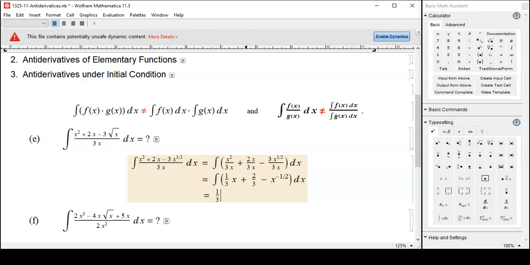1/3 was there before. Add 1 to the power and divide. 2/3, and then this is just a constant, so put x. And then this one, add 1 to the power and then divide.